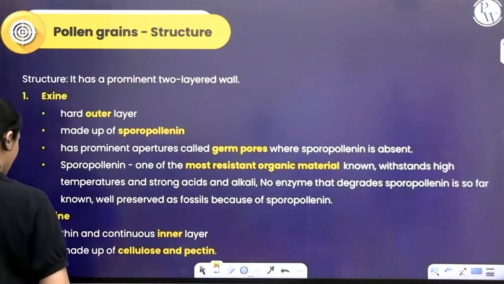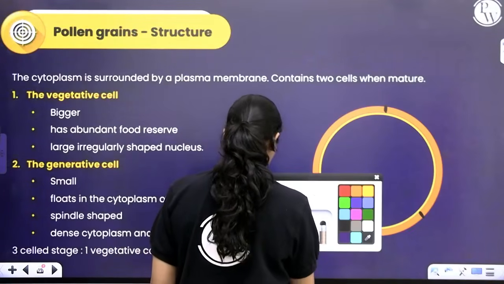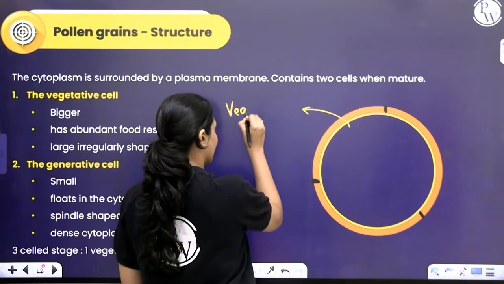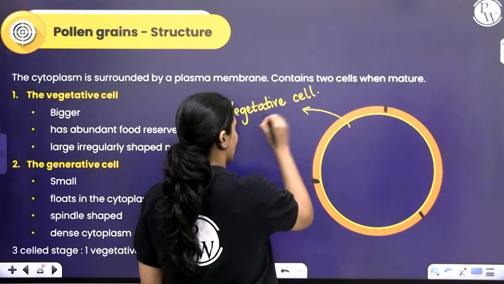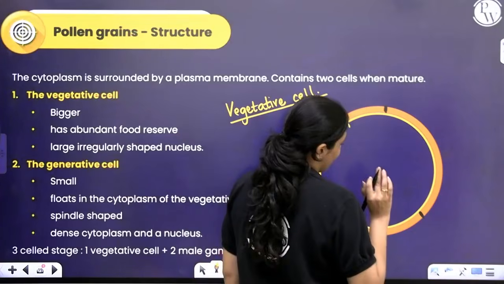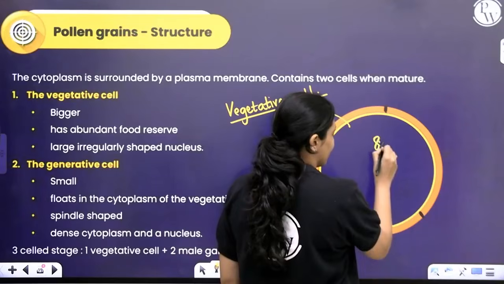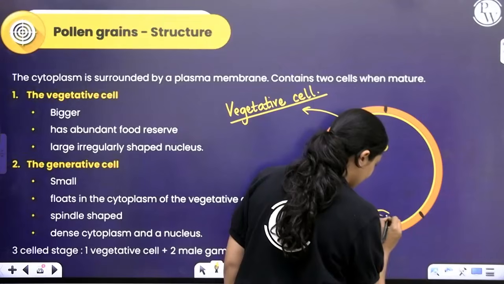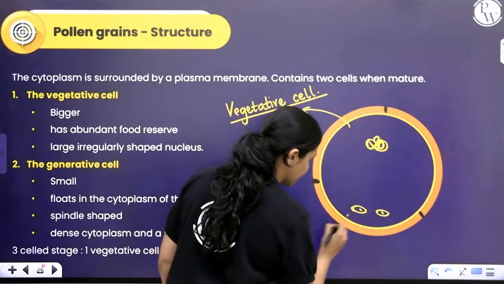Okay. So over here in the three-celled stage, you will for sure have the large vegetative cell with its abundant food reserve and cytoplasm and large nucleus and everything. But the generative cell that was small will no longer be there. It would have undergone mitotic division to give rise to two small male gametes that also float in the cytoplasm of the vegetative cell.